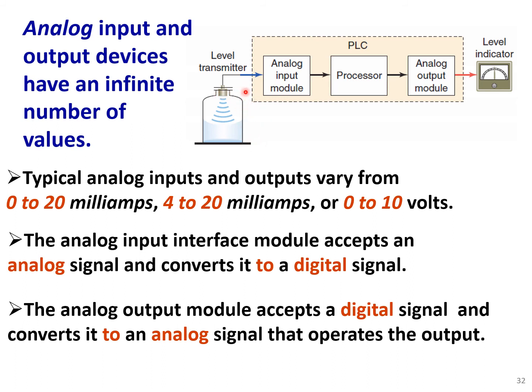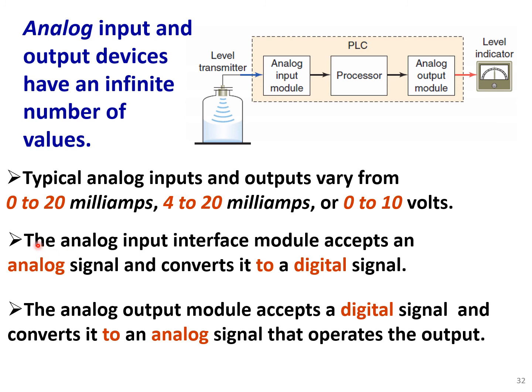And that should be translated to either amps or voltage. So if that's a voltage-based transmitter, that height should be translated to voltage from 0 to 10. Then the output of the transmitter will be sent to the analog input module.